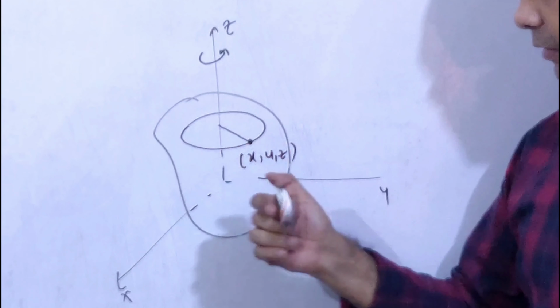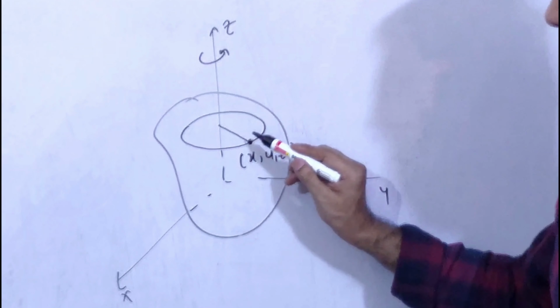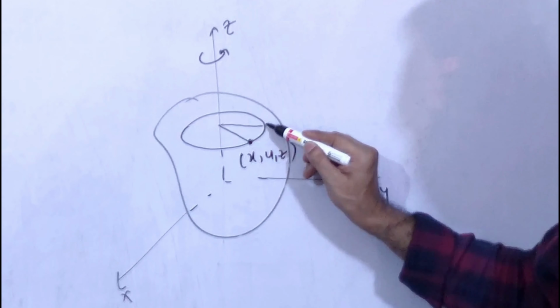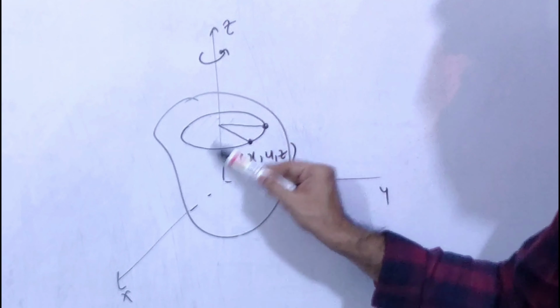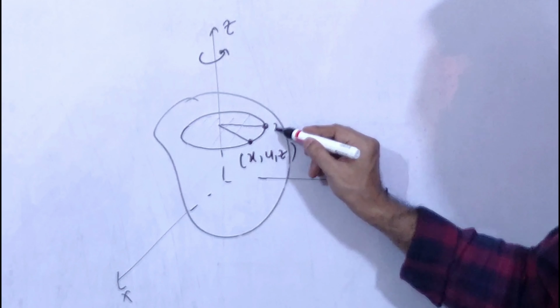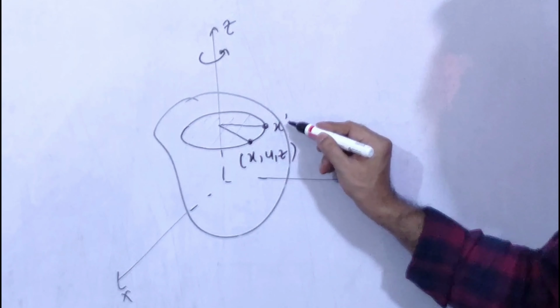As this body is rotating, this particle will take different coordinates at different times, but the axis about which it is moving is the z-axis, so its z coordinate will not change. After some time its x coordinate may become x dash, y coordinate may become y dash, but the z coordinate will not change.